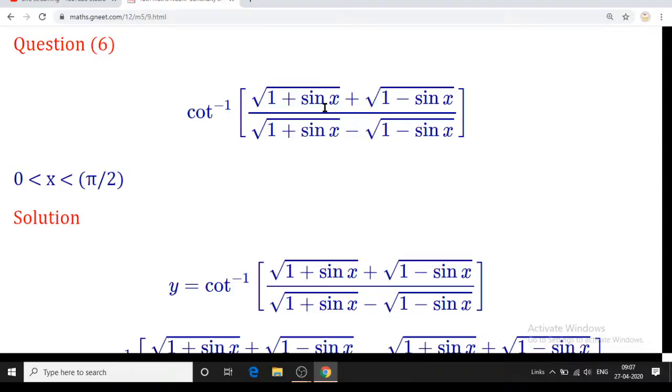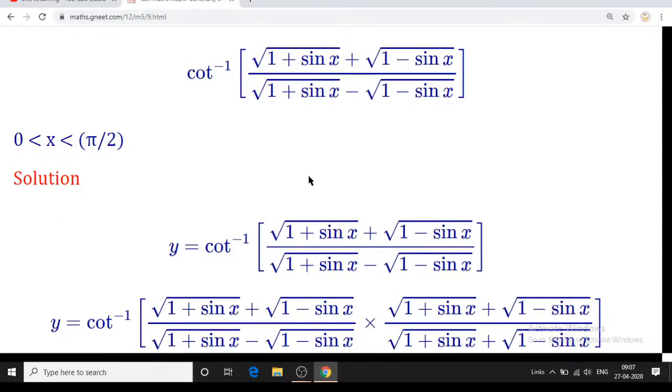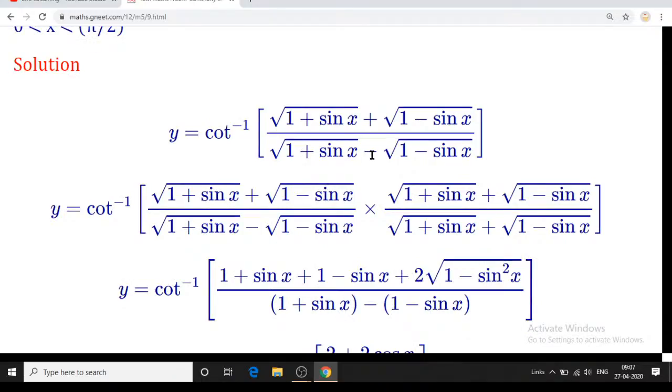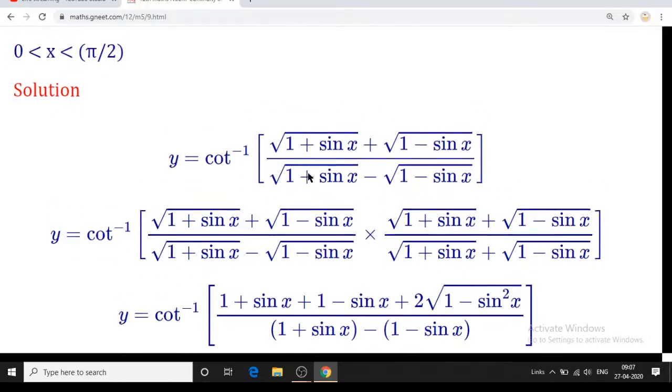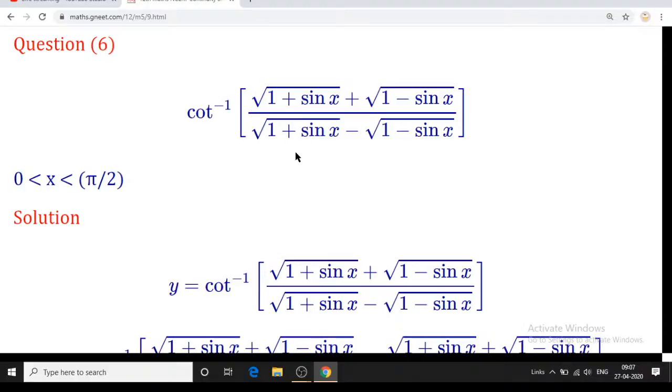To simplify this, there are two methods. One, you can go for the rationalization. This you have already studied in the 9th standard. Or there is one formula, if you remember, under root of 1 plus sin x can be written as cos of x by 2 plus sin of x by 2.